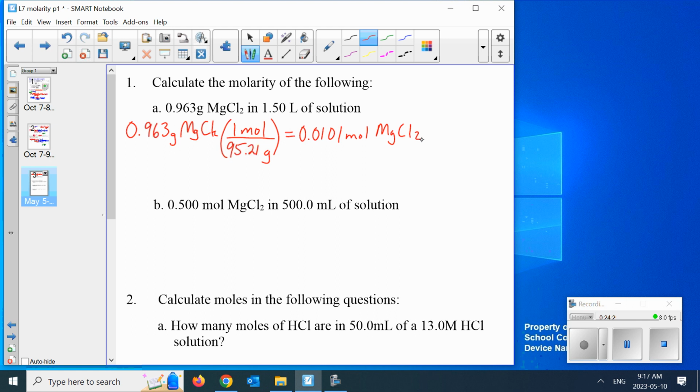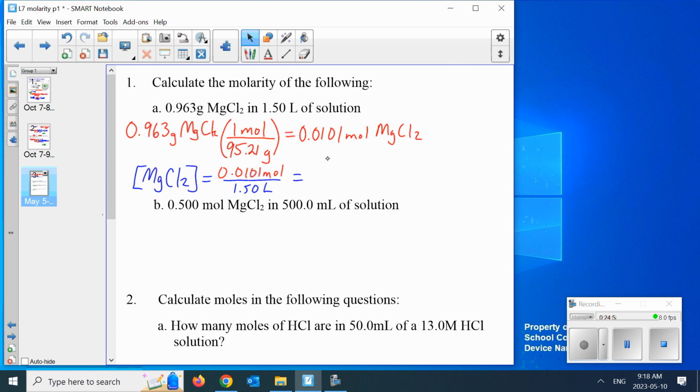Then the next thing I do, I only change color because it's a different step, is say that I want molarity. So I'm going to put this in square brackets, MgCl2, because I'm reporting a molarity. I'm going to take the moles and divide by liters. That was given in liters, so 1.50.